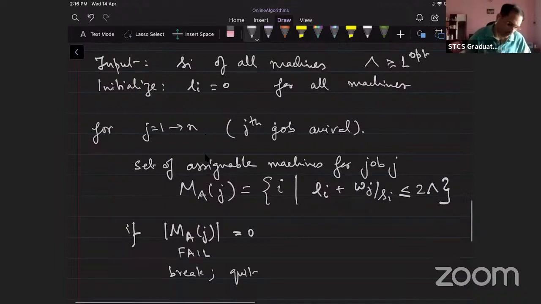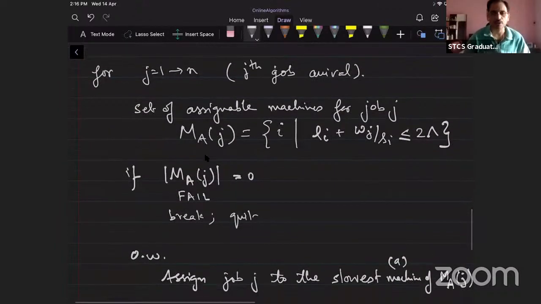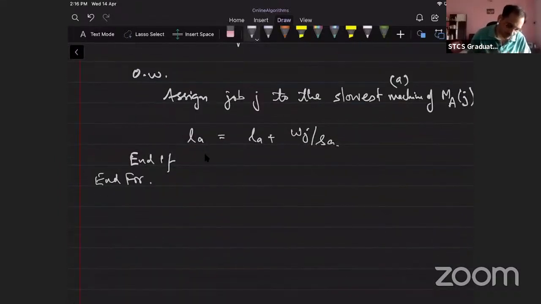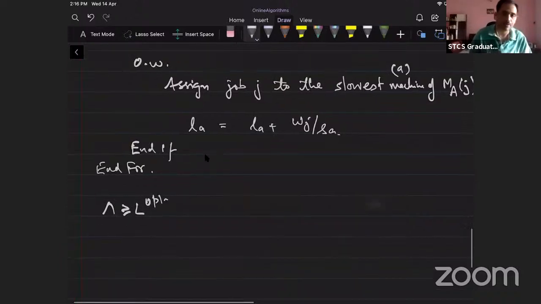And among the assignable machines, it assigns the job to the slowest machine possible. If there is no assignable machine, then the algorithm says, okay, I give up and I exit. Is the algorithm clear? It's critically using the fact that I know something about lambda. So lambda is an input to the algorithm, which is assumed to be greater than or equal to LOPT.